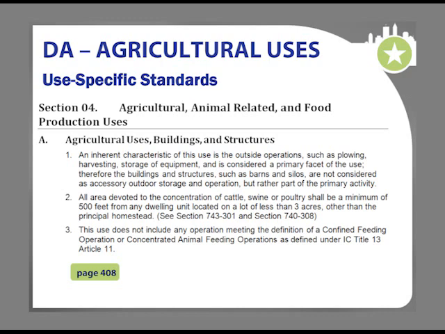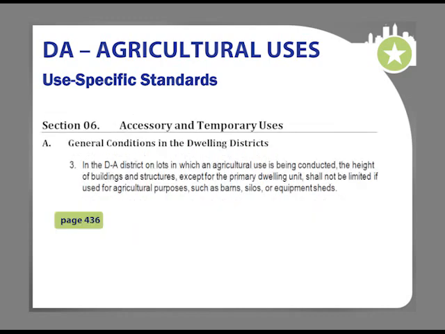One final use-specific standard that I want to highlight is that we clearly and unambiguously do not allow confined feeding operations or concentrated animal feeding operations in Marion County. Those are not allowed. This last slide shows how we do explicitly allow exceptions for agricultural structures.